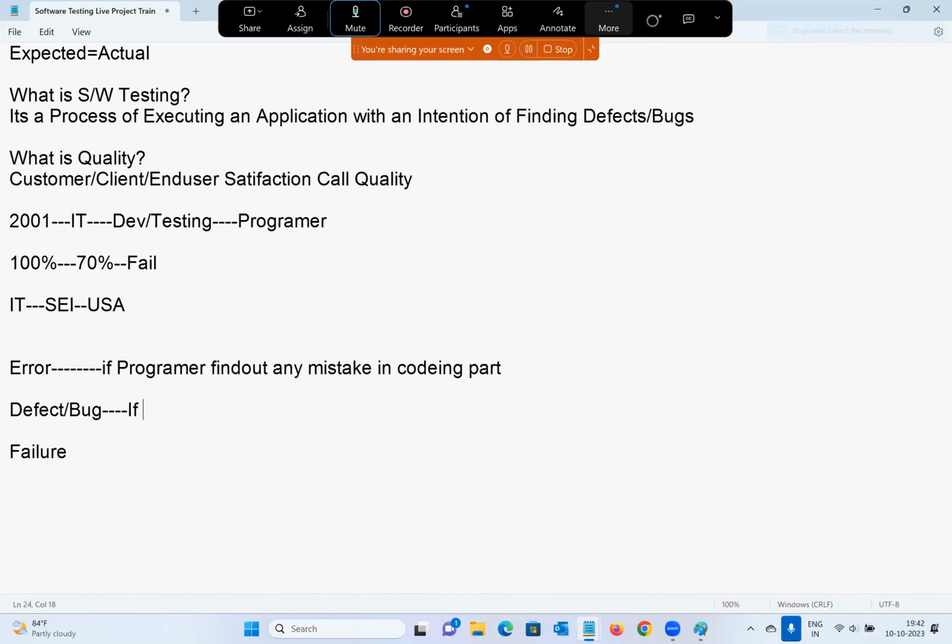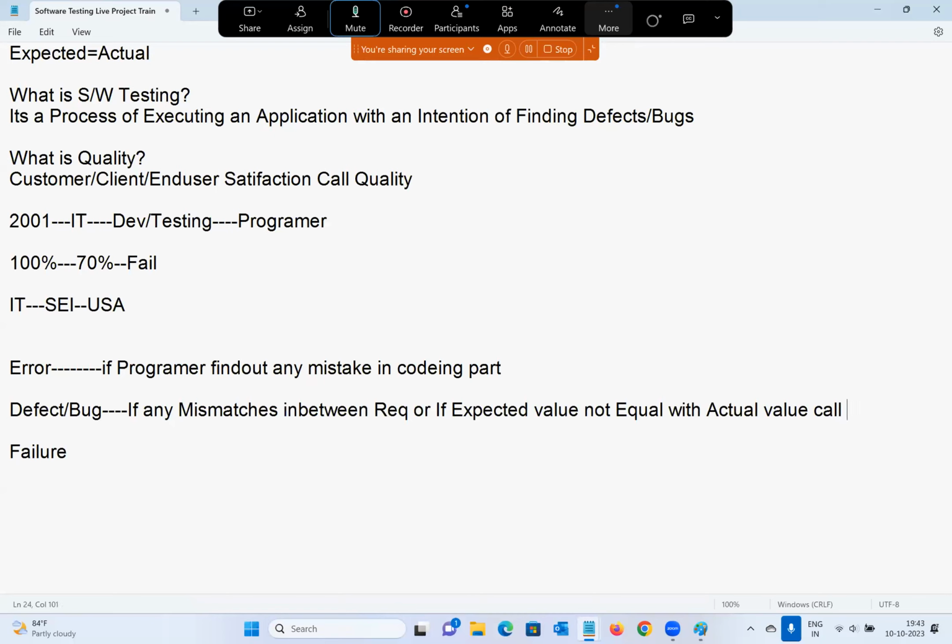Let me write, guys: if there are any mismatches between the requirements, or if expected value is not equal with actual value, it is called a defect and also called a bug.